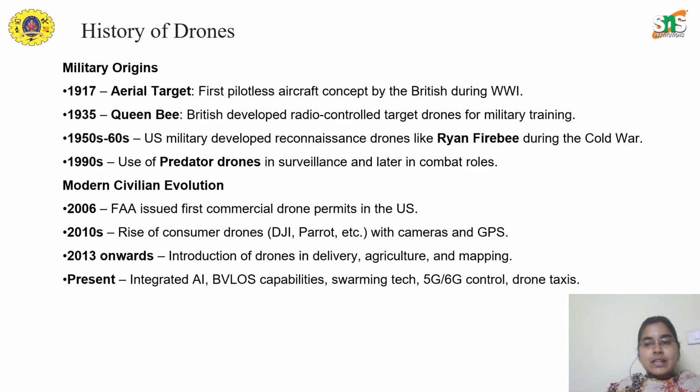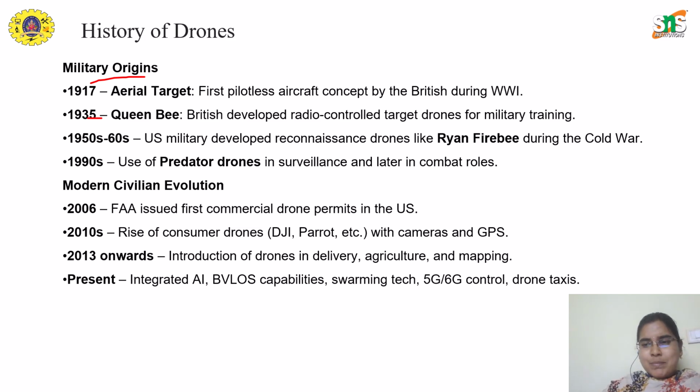Next is the history of drones. Before getting into the technology and the need for it, we should know where the actual need started. It came from military origins. In 1917, the aerial target, the first pilotless aircraft concept, was developed by the British during World War One. In 1935, the Queen Bee, British radio-controlled target drones, was developed for military training.